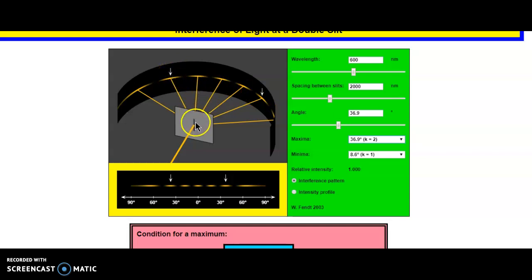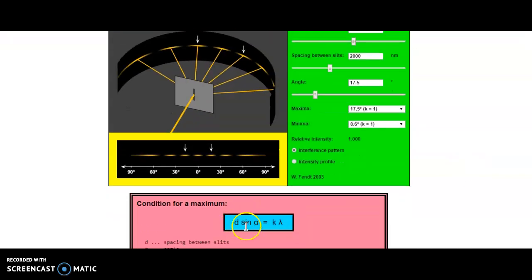So the angle between the 0 maxima and the second maxima is equal to 36.9 degrees. So 0 maxima, first maxima, second maxima, and we're using this equation, d sine theta equals k lambda.